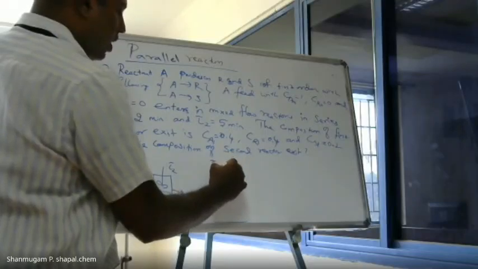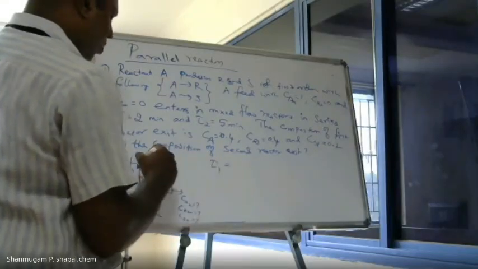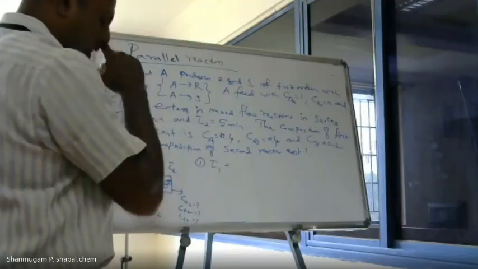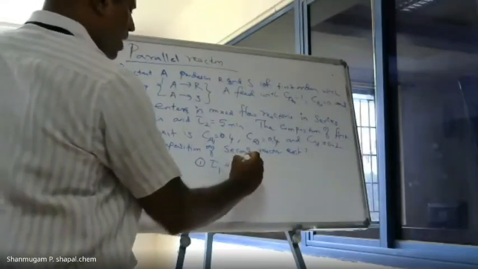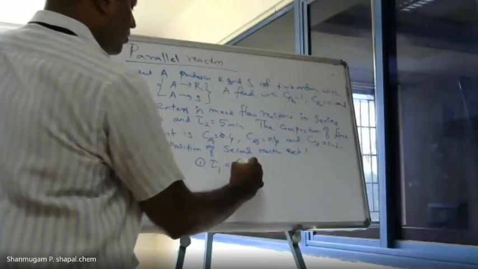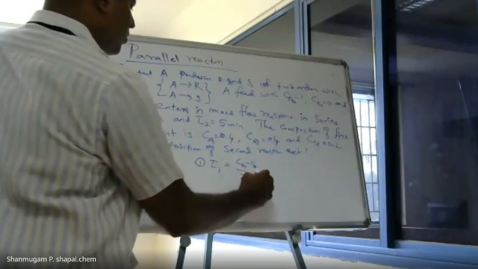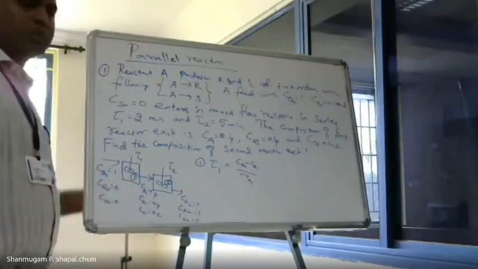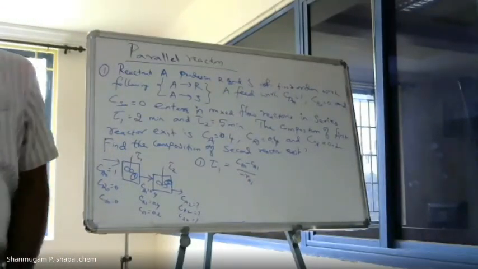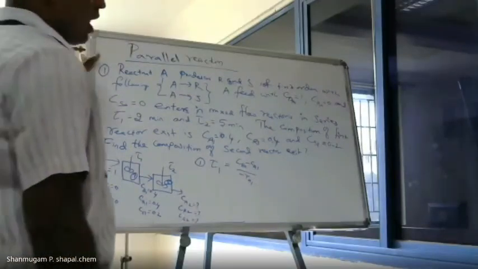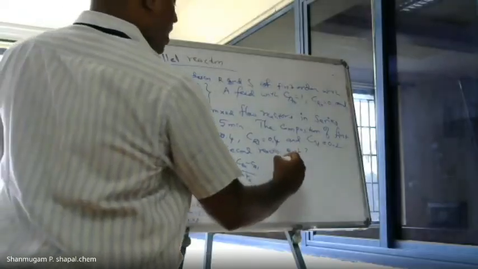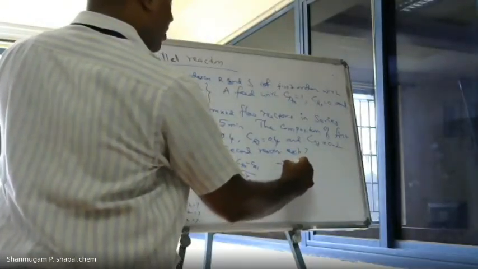For example, we take tau 1 for MFR 1, and this is 1 and this is 2. So for 1, tau 1 equal to, it's very simple, CA0 minus CA1 by minus RA.